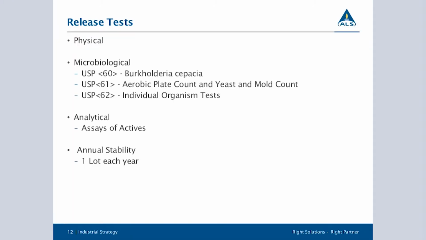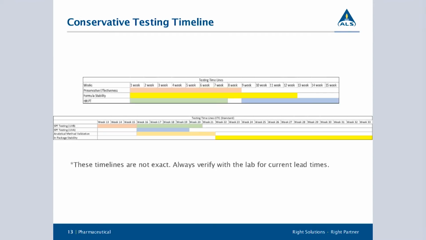Some of the common release tests, which would also be part of your stability study, would be any of the physical tests, specific gravity, weight loss, pH, whatever you want to look at in that regard, as well as the micro, your typical USP 61, 62, and now that new chapter, USP 60 for Burkholderia cepacia. And then, of course, you'll be doing that active ingredient analysis on every lot.